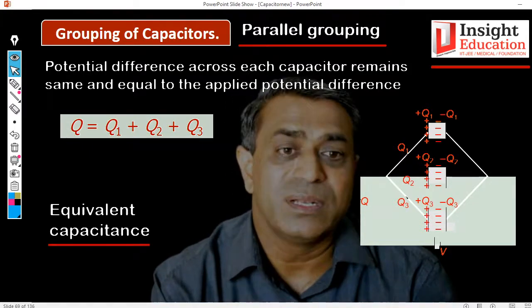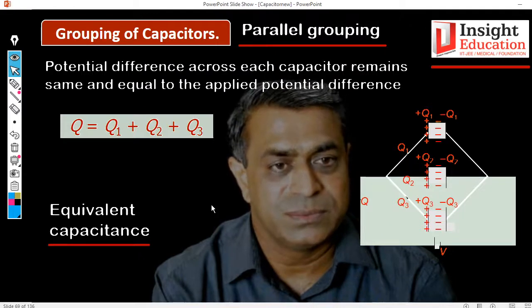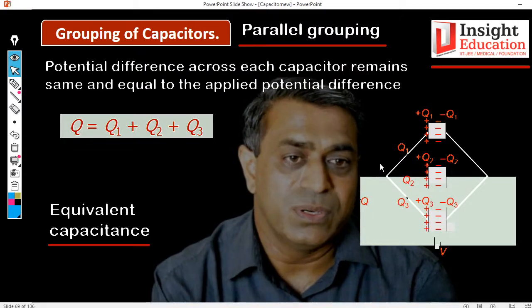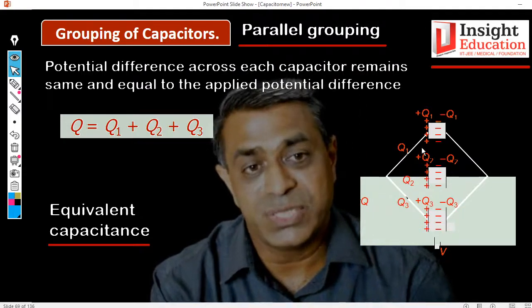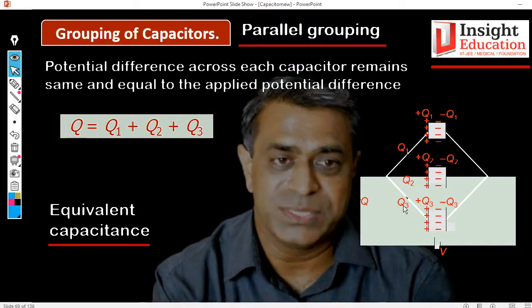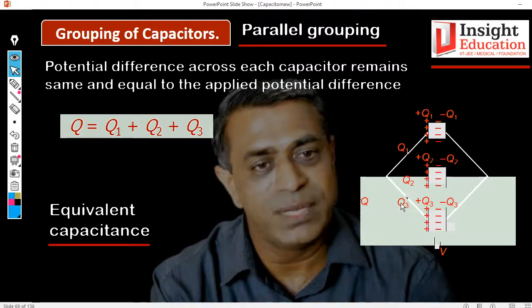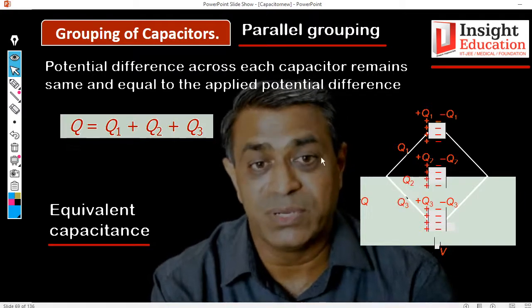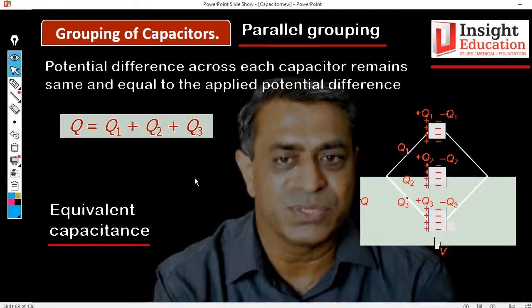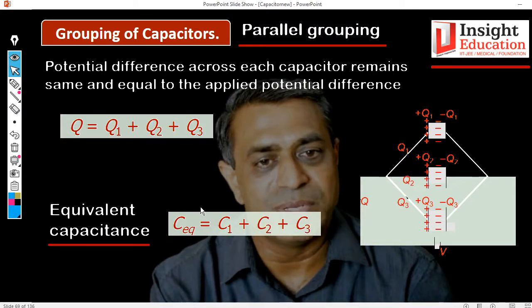And if the total charge is Q, then the charge on each capacitor is Q1, Q2 and Q3. So Q is equal to Q1 plus Q2 plus Q3. So C equivalent is C1 plus C2 plus C3.